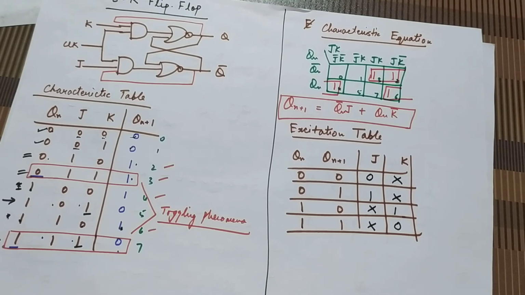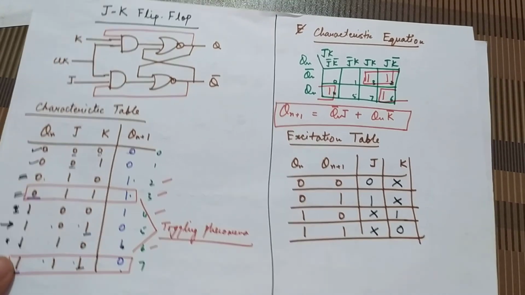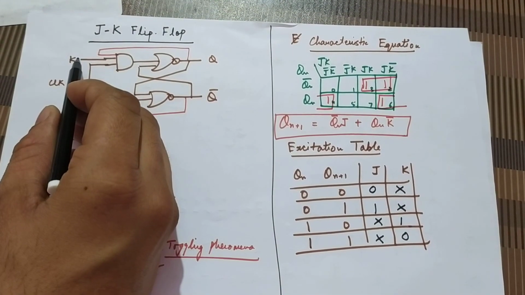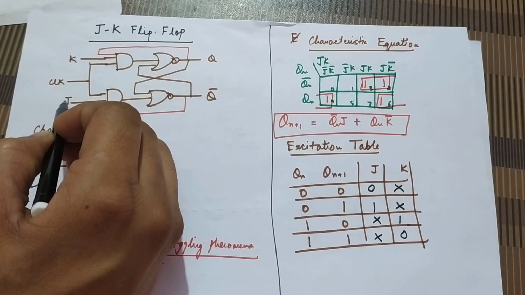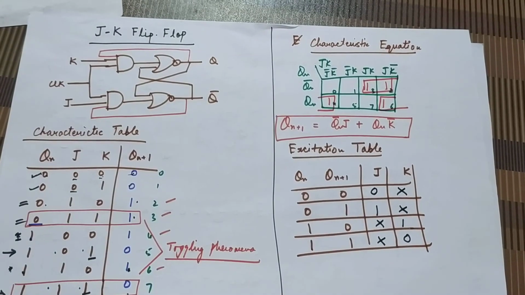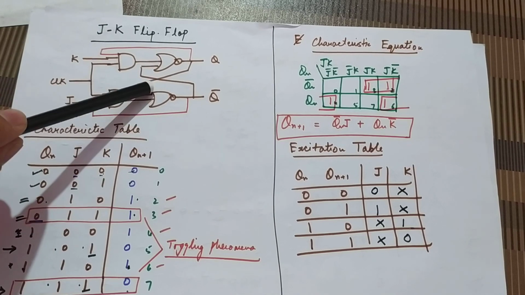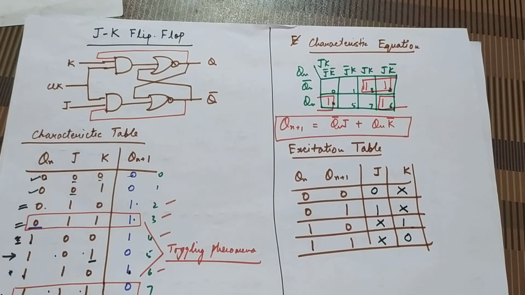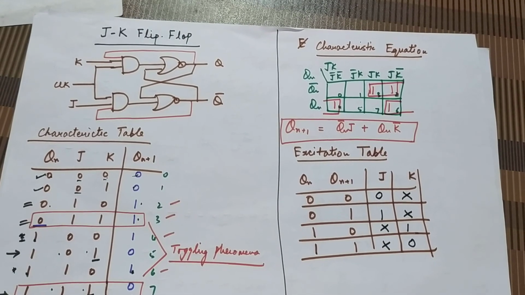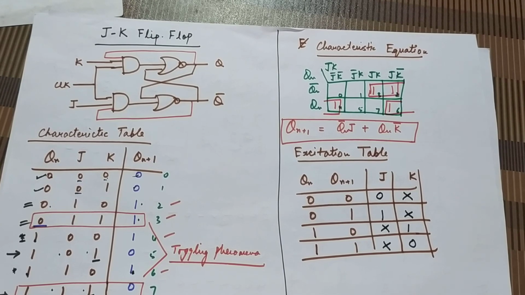And the T flip-flop, that is the toggle flip-flop, we combine J and K, and there will be one input, known as T. The circuit remains the same, only T will be here and we will be combining the J and K terminals. Okay, so this is all about the JK flip-flop. In my coming lectures we will be discussing more on D flip-flop and T flip-flop.